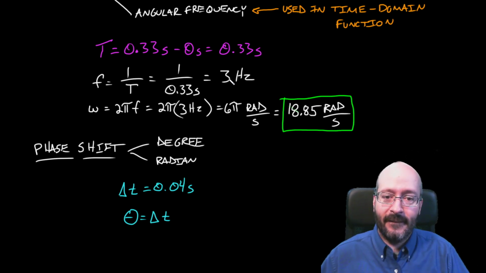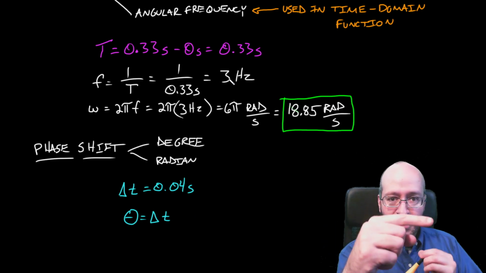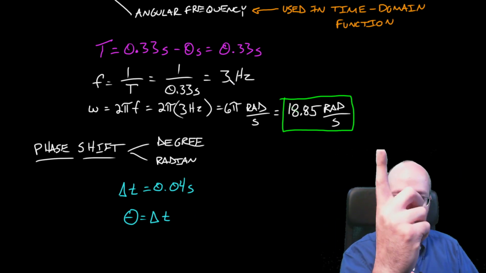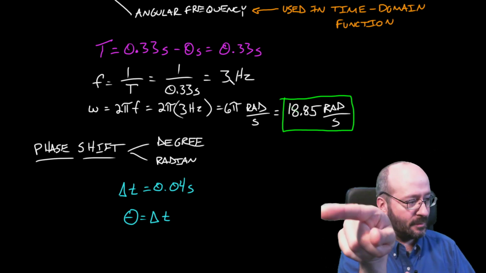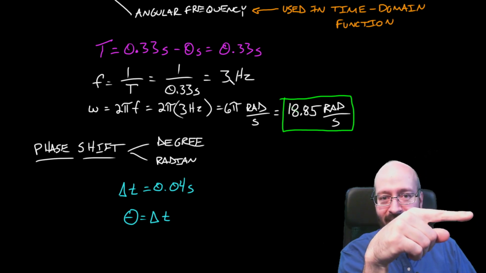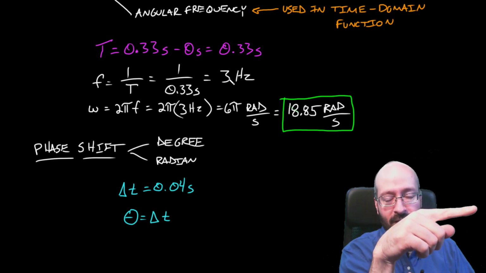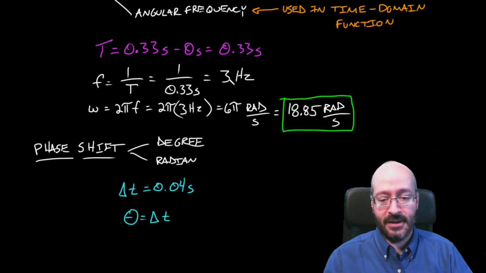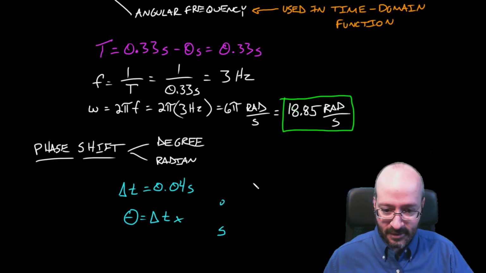Look, it's right there: 0.33 seconds. One full rotation, ready? I'm going to try to do this on camera. One full rotation takes 0.33 seconds. Did my finger get cut off? Okay, 0.33 seconds to go around, 360 degrees to go around, and we're going to use that to our advantage. This is in seconds. We want to get rid of seconds and get to degrees.